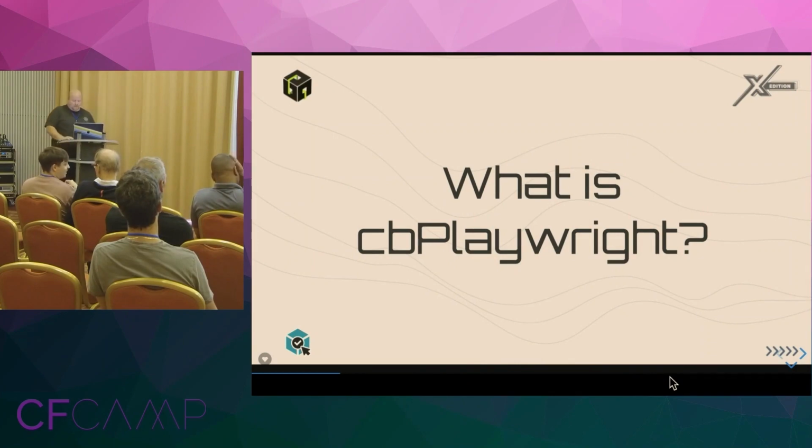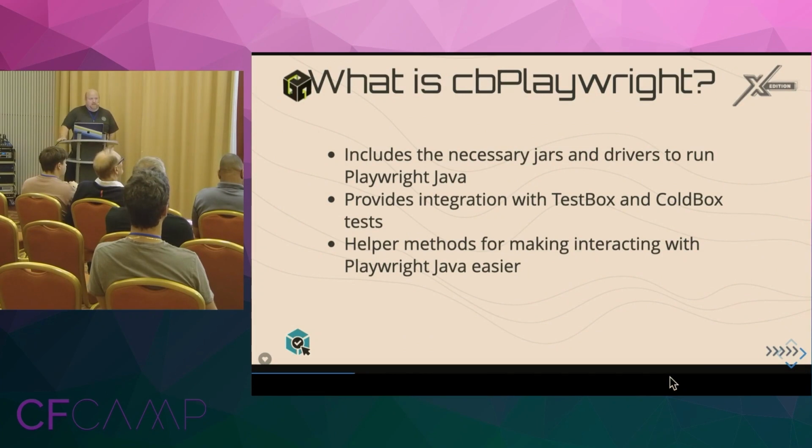Okay, so what is cbPlaywright? cbPlaywright, as mentioned, is a module that gives you all the necessary jar files and drivers to run Playwright Java. It also provides integration into TestBox and optionally ColdBox. Let me make that clear: this is completely ColdBox optional.